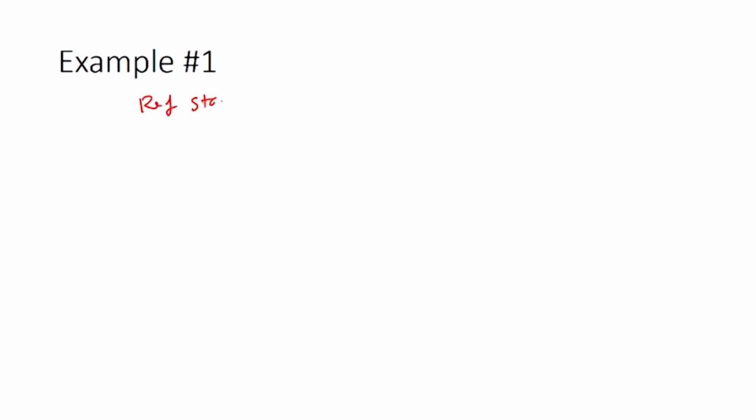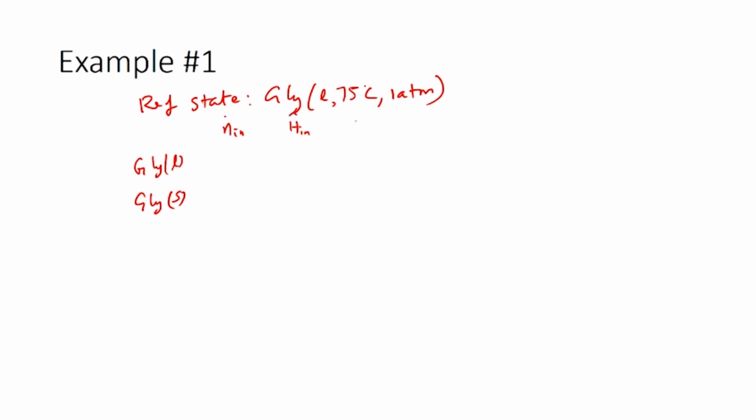So, reference state for this problem is glycerol liquid at 75 degrees Celsius and 1 atmosphere. The components which are involved in this system are glycerol liquid and glycerol solid. As I mentioned, we have to list the different phases separately. So, you would have N in dot as the molar flow rate for the inlet, H in cap, N out dot, and H cap out.